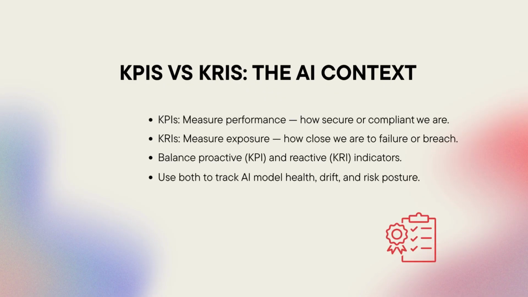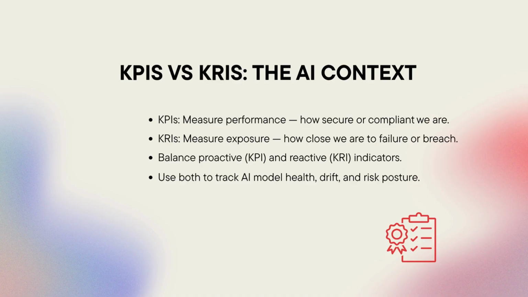KPIs versus KRIs. In AI security, KPIs and KRIs form the dual lens through which we evaluate program health. KPIs tell us how well controls are functioning: patch rates, policy adherence, model retraining frequency.